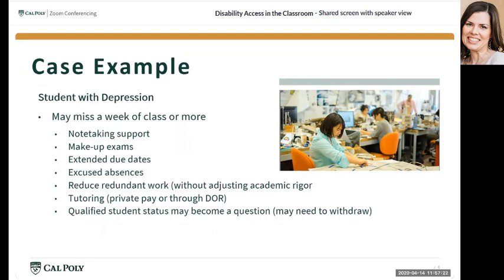And so typically that conversation would involve the access specialist and helping to navigate what a reasonable time frame is, taking into consideration what the assignment is, what the expectations are, and then what the student's actual functional limitations are. So it might not be the same for every assignment.